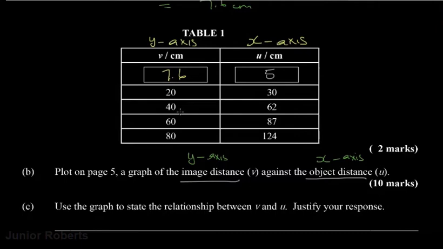In this case, because these are large numbers, I like to use the scale 1 to 1, 1 to 2, 1 to 5, or 1 to 10. Any one of these scales should be able to work in our case, right? Either 1 centimeter to 1 unit, 1 centimeter to 2 units, 1 centimeter to 5 units, or 1 centimeter to 10 units.